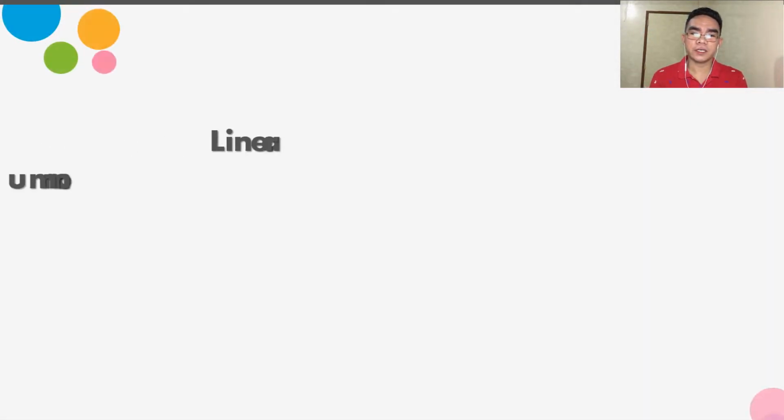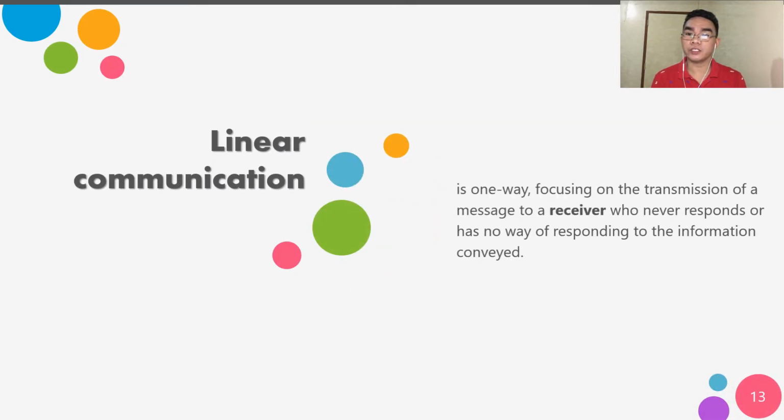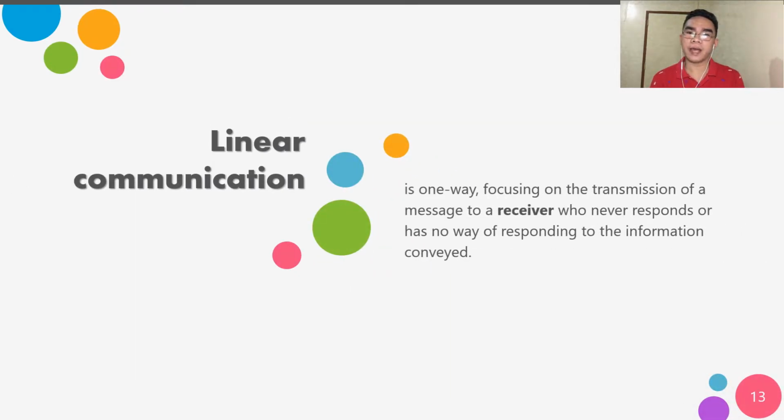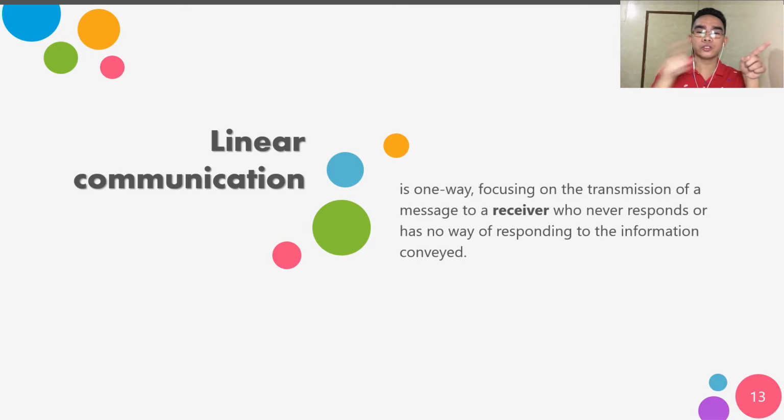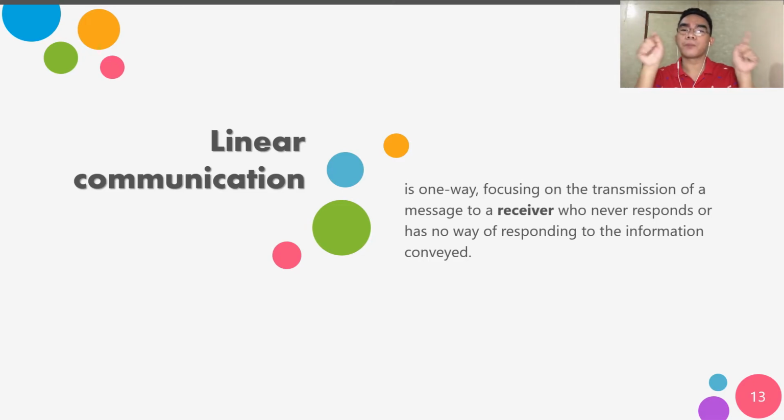Okay, so we will first discuss linear communication. When you say linear in mathematics, I guess, because I'm not really into mathematics, or I'm not really into numbers, that's why I hate mathematics, because I love English, and that's the reality. Well, anyway, linear communication, when we say the word linear, means one line going from one point to another point.